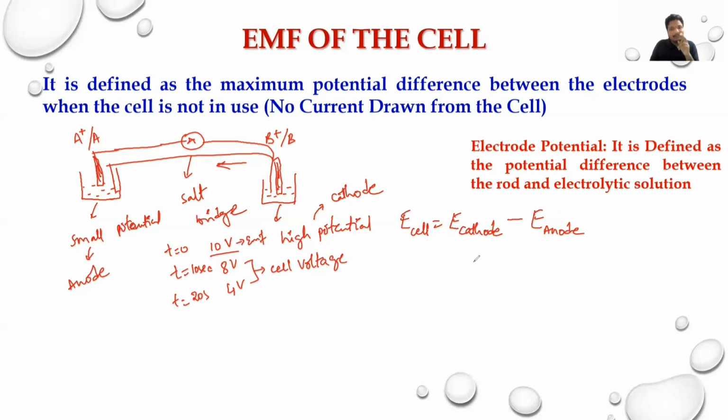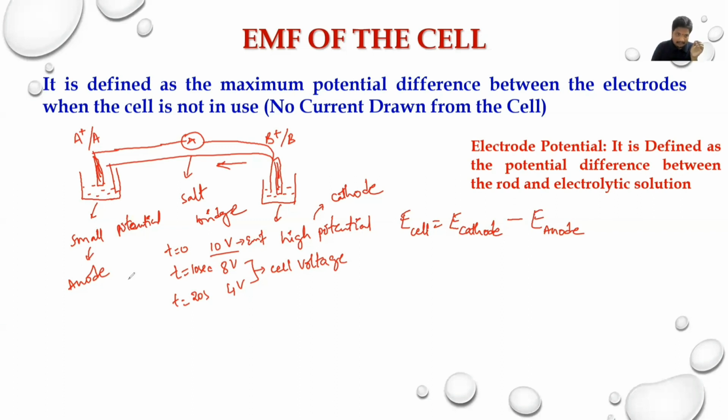The maximum potential difference between two half cells is what we call E cell. That can be calculated as E cell is equal to potential of the cathode minus potential of the anode.